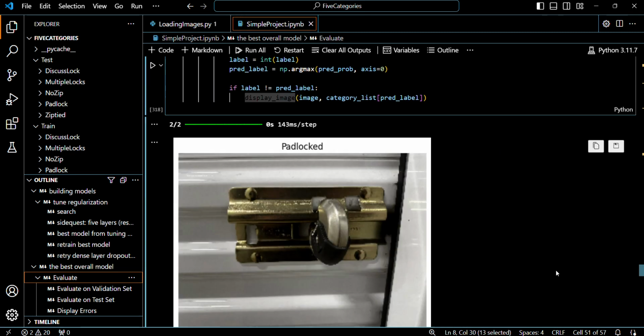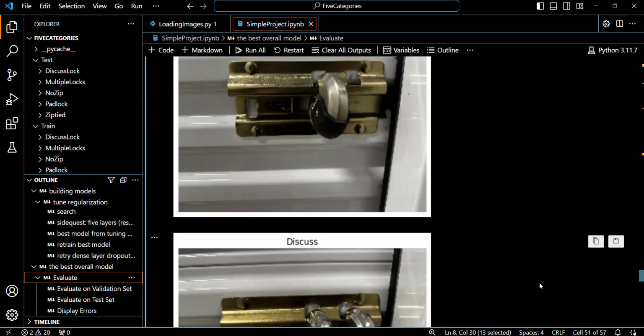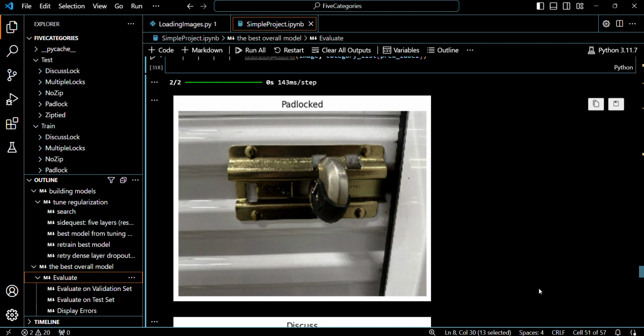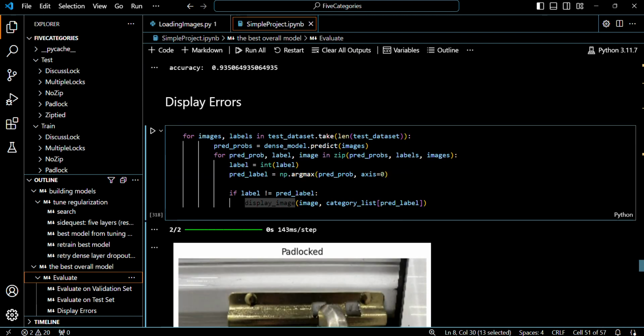I forget what happened, but there was a function that I wrote that I was having trouble with, I don't remember what. So I wrote a quick little block of code.